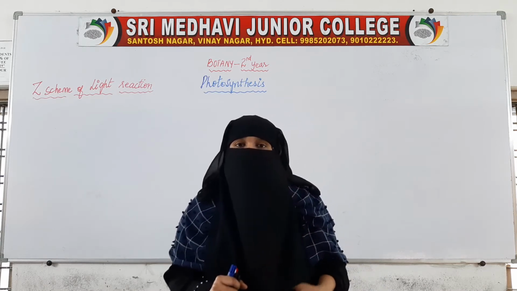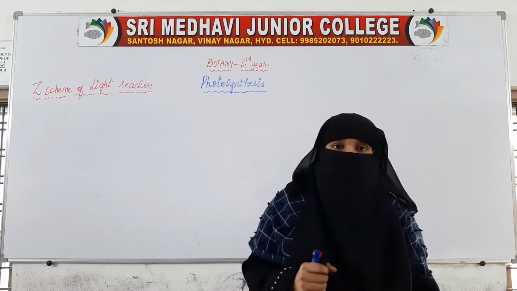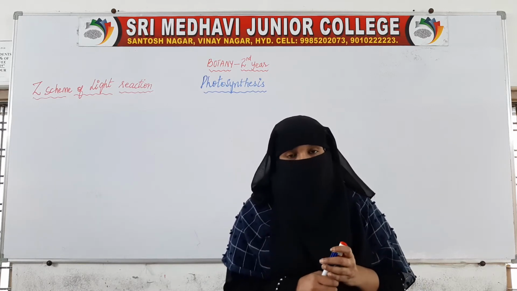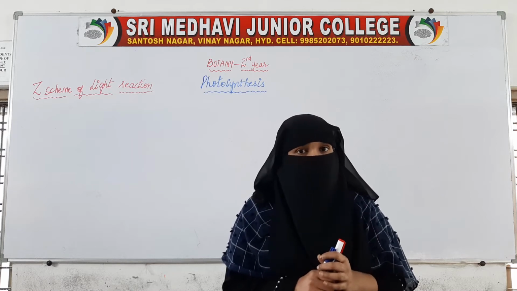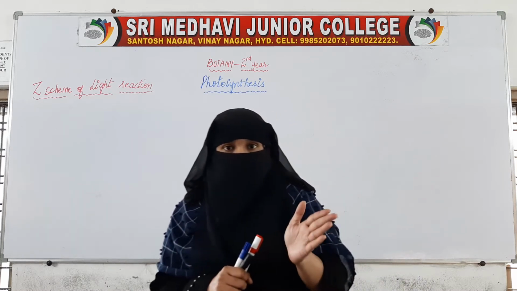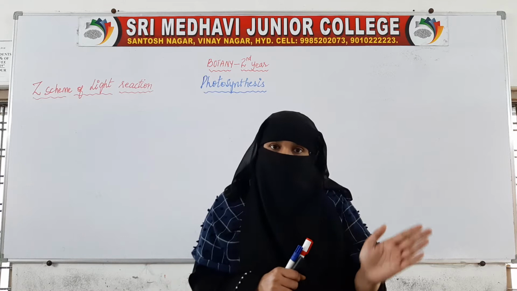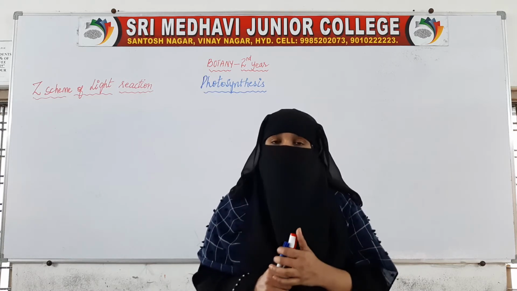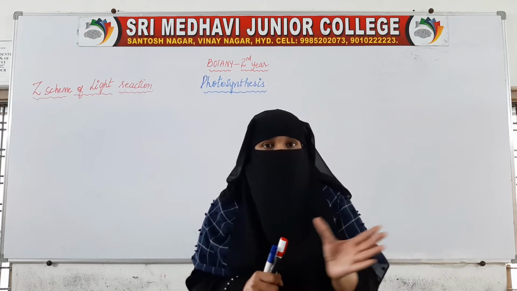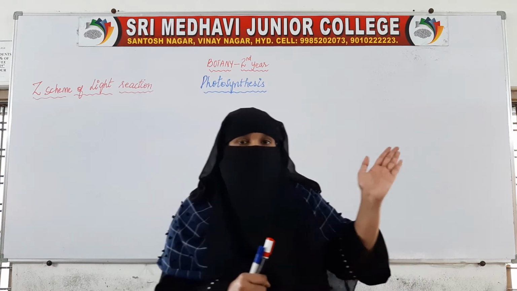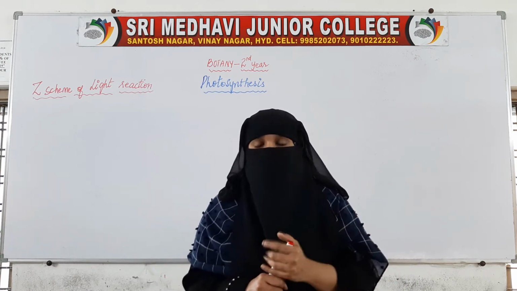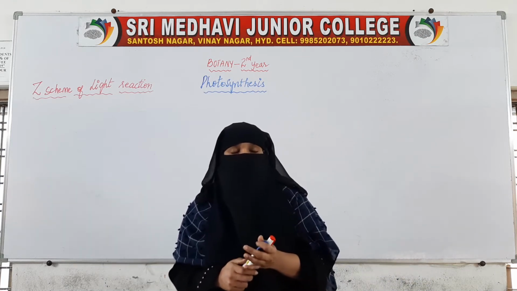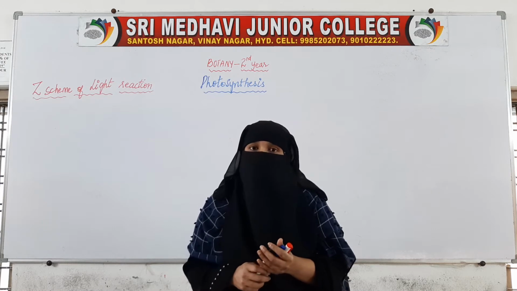The electron which is ejected from the chlorophyll will be passed on to a primary electron acceptor, and from this primary electron acceptor it will be passed on through another series of electron acceptors. This whole chain where the electron is passed from one acceptor to another is called the electron transport system, or we can even call it the electron transport chain.